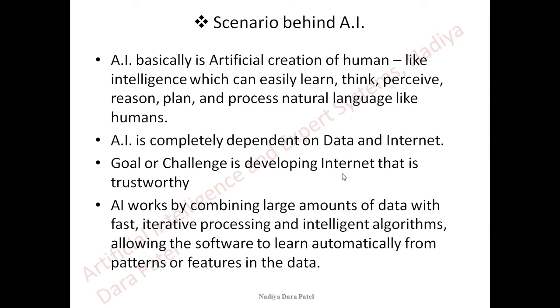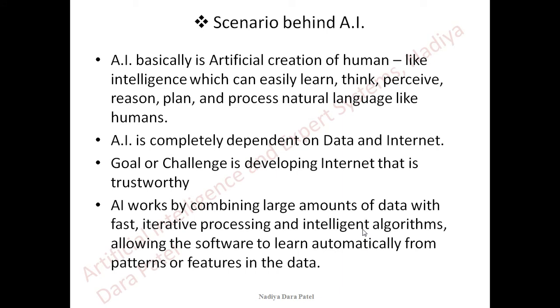So AI works by combining large amounts of data with fast iterative processing and intelligent algorithms, allowing the software to learn automatically from patterns or features in the data. So basically data and the internet are the prime feed of artificial intelligence. With this, AI makes use of intelligent algorithms.